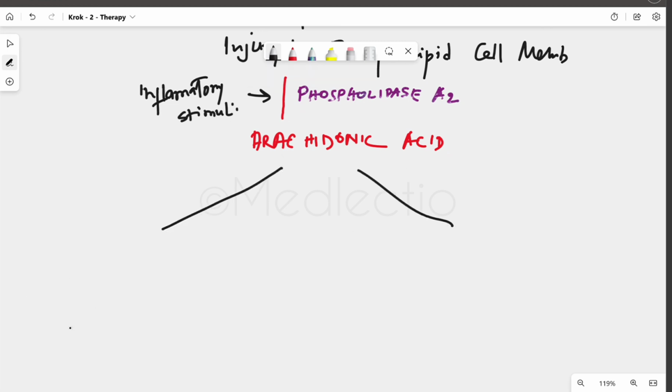We have two pathways. The first one is the cyclooxygenase pathway, and the second one is the lipoxygenase pathway.